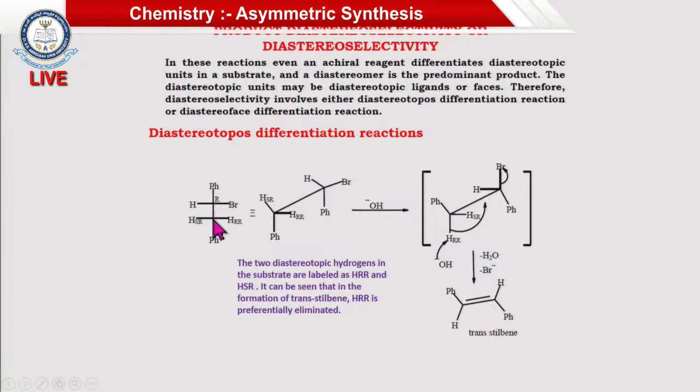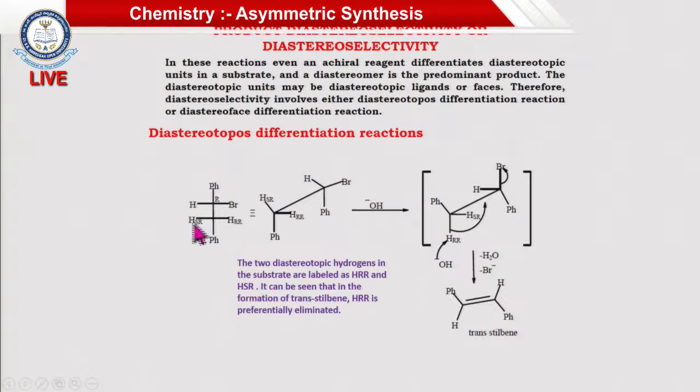So it is not chiral in nature, it is a prochiral center, and this is the chiral center here. This prochiral center has two hydrogens labeled with the pro-stereochemistry, HRR and HSR. These are the prochirality symbols here, as Areef sir explained.